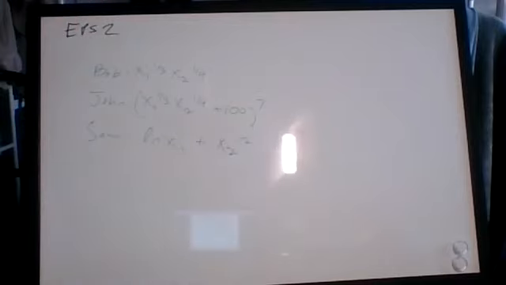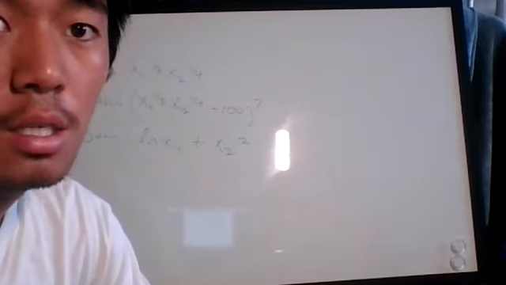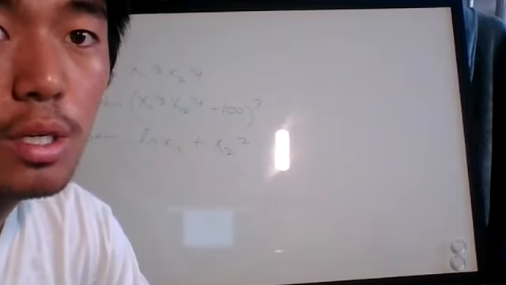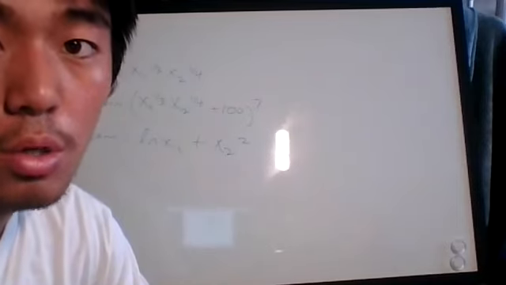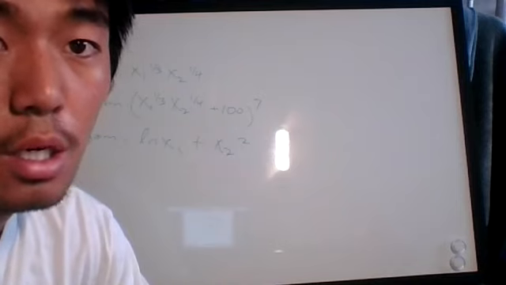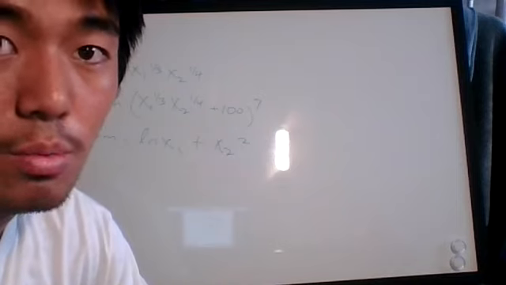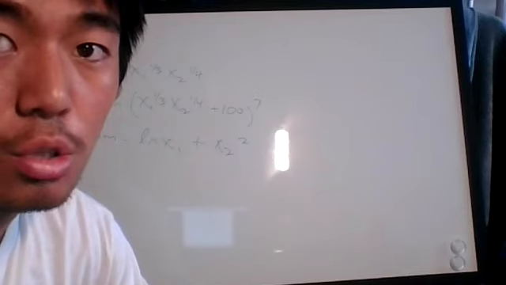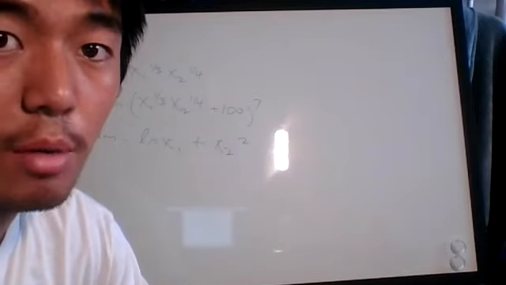And so this looks like a really nasty problem just because of what's given, but let's read what the question is. Circle all correct statements. Assume an interior solution where x1 and x2 are both positive amounts.